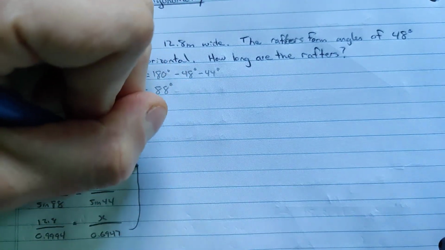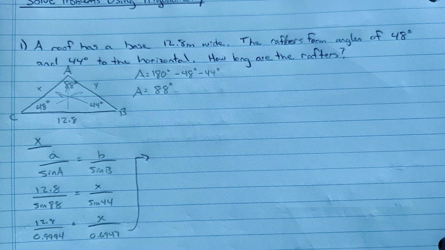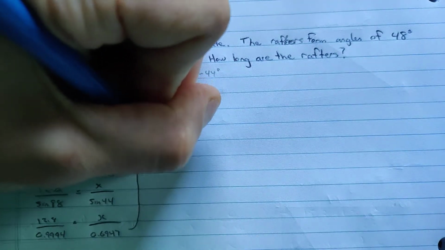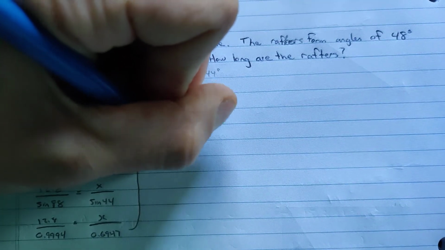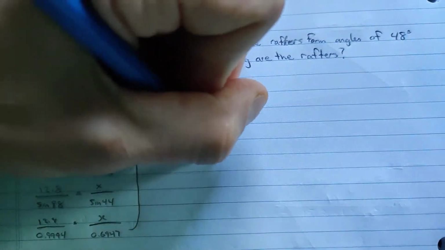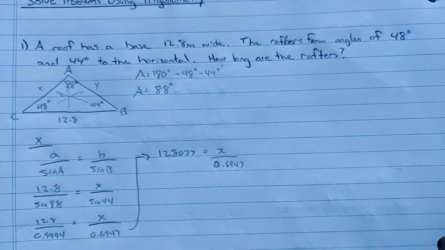And so if I just finish this up over on this side, 12.8 divided by 0.9994 is going to give me 12.8077, and that equals x over 0.6947.